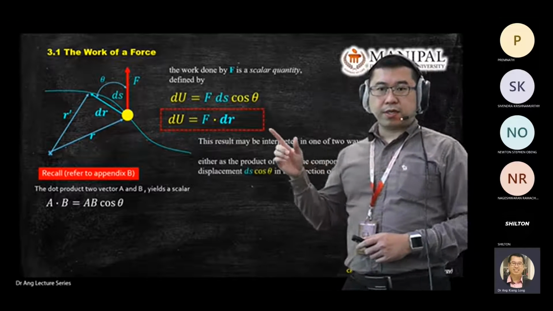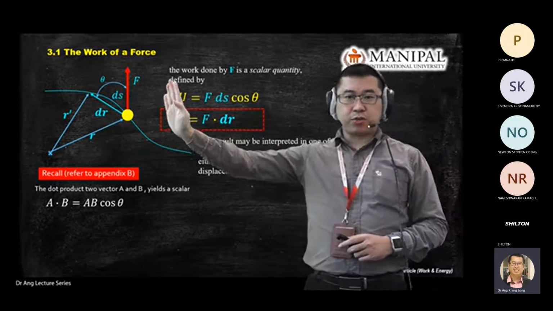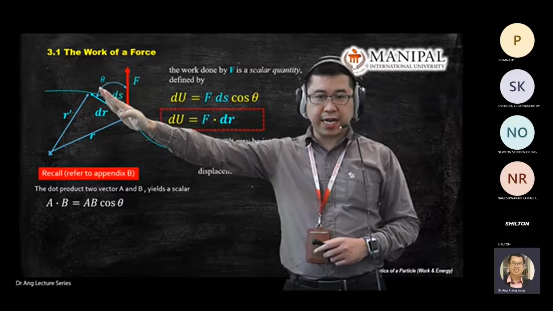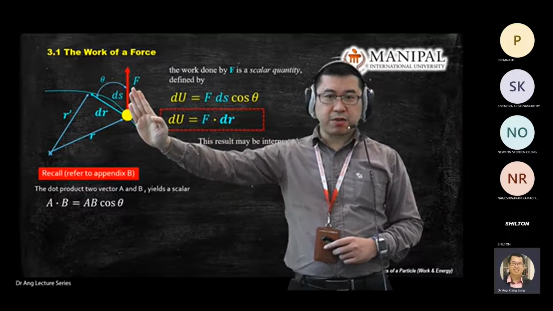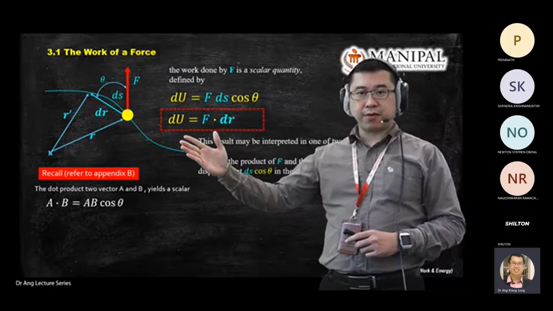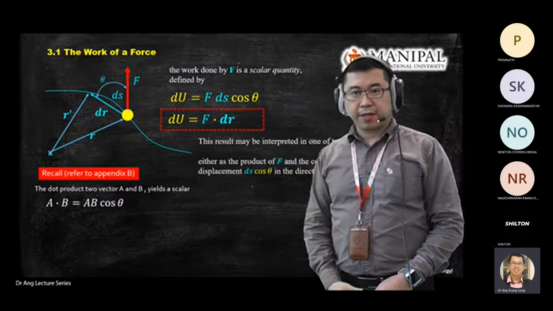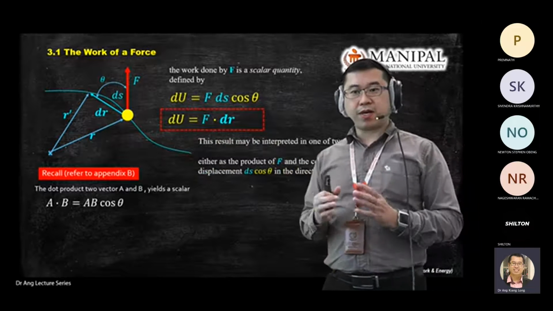So this one you can interpret either you change your force direction aligned with the displacement, or you change the displacement aligned with the force. Both give you the same work value. Okay, still back to the definition of work. How do you get work?